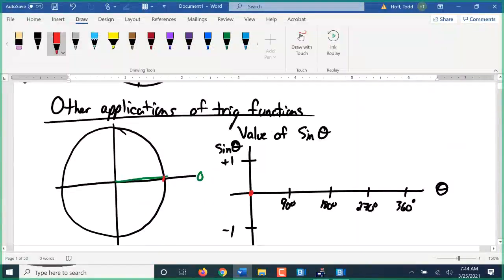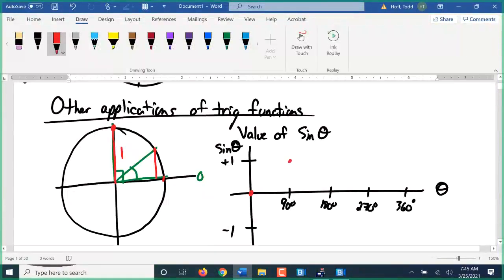If that angle is 0 degrees, the reference angle is 0 degrees, that terminal side lays right on top of our reference axis. There is no height up to that point. As that angle increases, the size of the sine increases until we get up to 90 degrees. At 90 degrees, that sine is 1 unit.